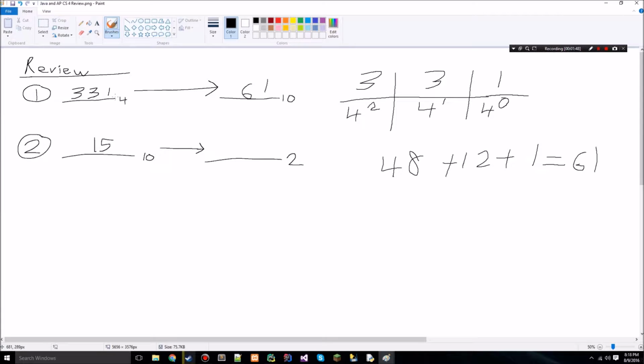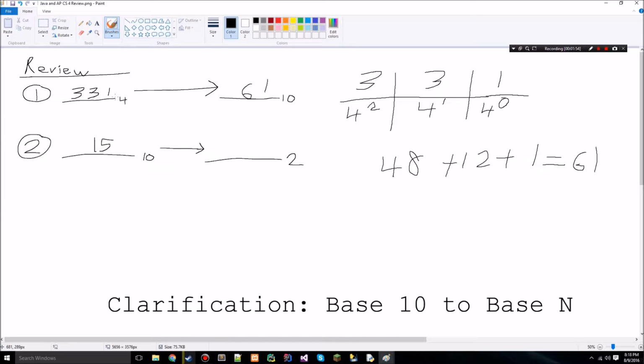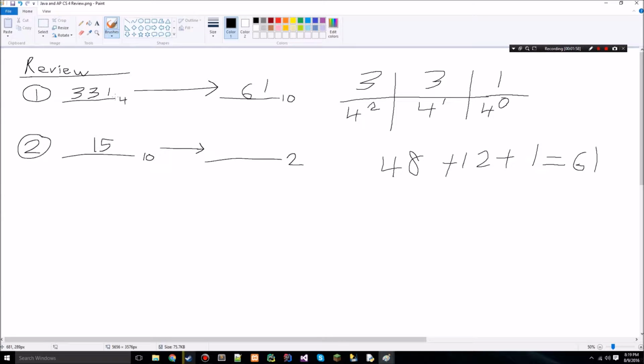And then when we moved on to the third tutorial, we learned how to do the reverse. We learned how to take numbers that are in base 10 and convert them into base 2 using either the mountain division or regular division strategies, remainder division, as I think I called it. So 15 base 10. Let's go ahead and do mountain division.